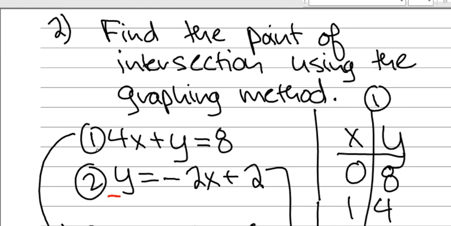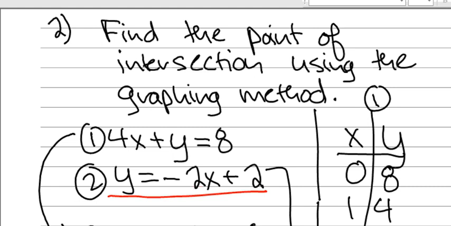Now, this line, as you can see, is already in slope-intercept form. It's got the y on the left-hand side. But for the first line, 4x plus y equals 8, I don't have it in that form. So I am going to subtract 4x from both sides. And that's going to give me y equals negative 4x plus 8.